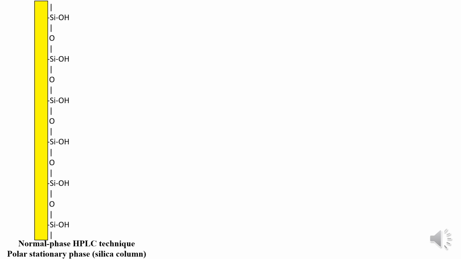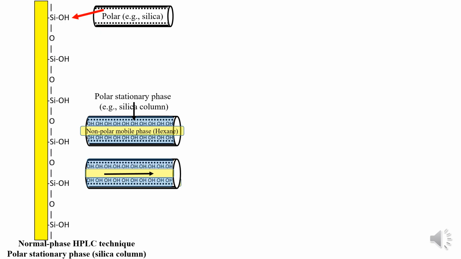So here we have a polar stationary phase, for example a silica column, in case of normal phase HPLC technique, and the polarity is because of the presence of silanol groups. A non-polar mobile phase flows through the column under high pressure.